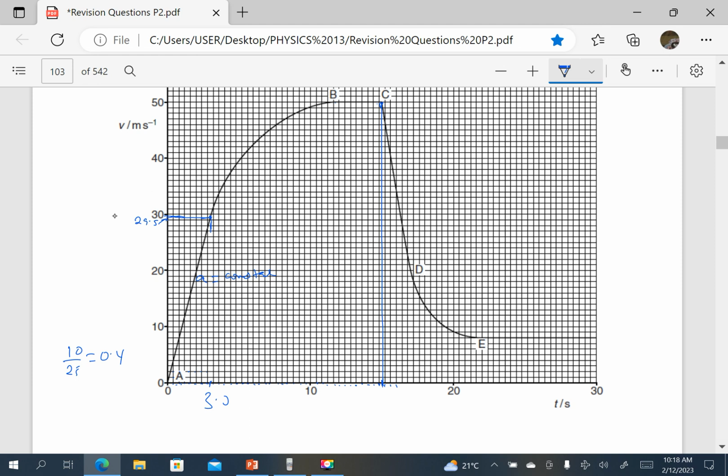Remember, each small box is 0.4. So 15.4. How many boxes for 17? 17 minus 15 times 0.4. So I'll add 5 small squares: 1, 2, 3, 4, 5. I think 17 is somewhere there.